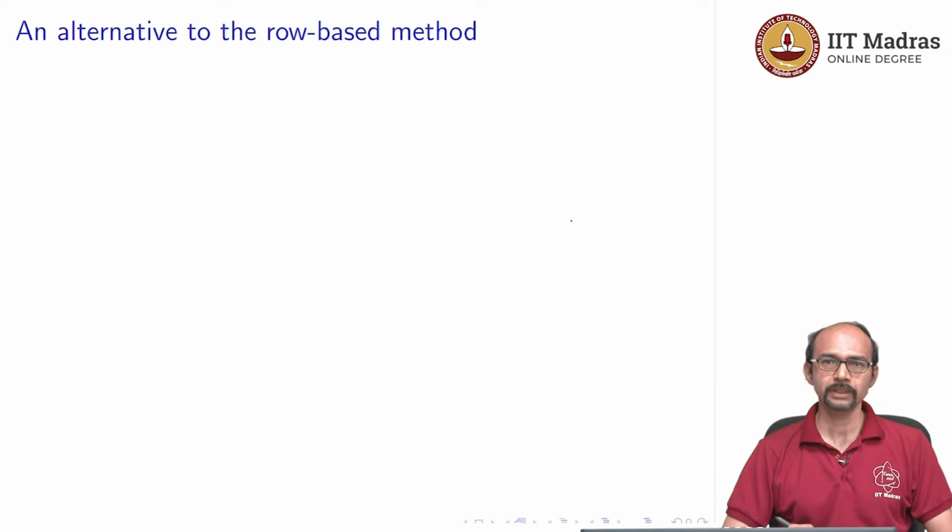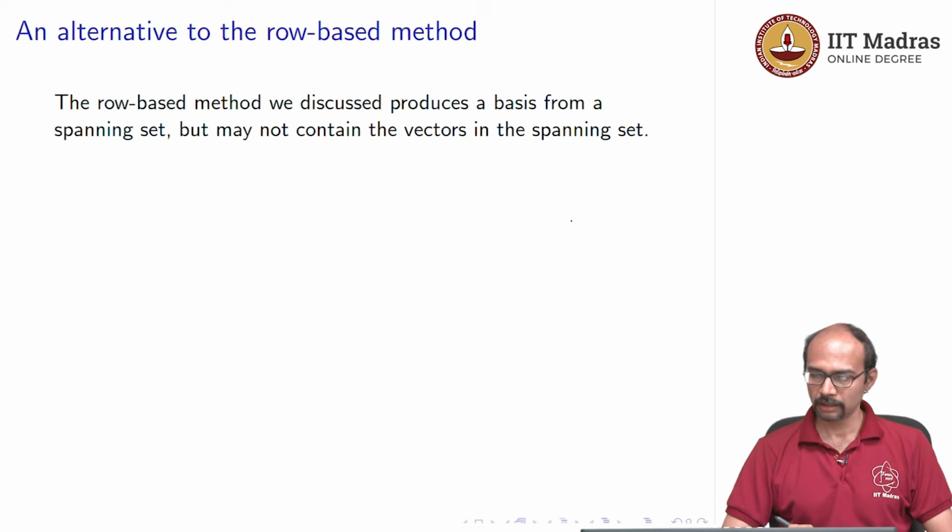Okay, so now that we have seen the row based method, let us take a step back and ask the following question. The row based method that we have discussed produces a basis from the spanning set, but note that it may not contain the vectors in the spanning set, right.